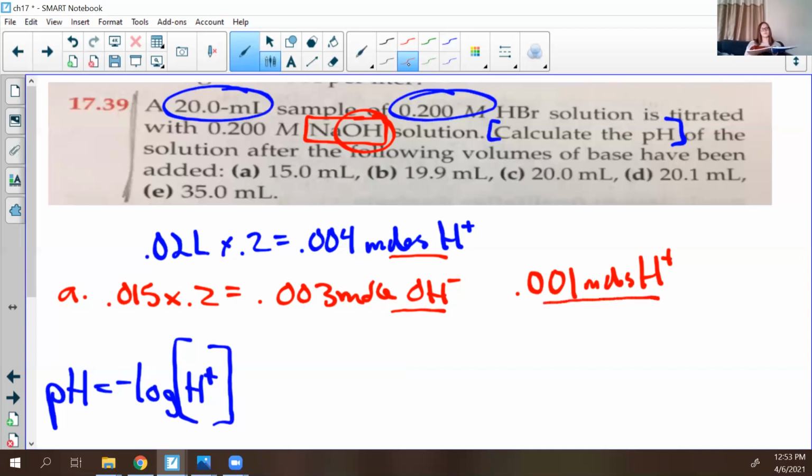So I must divide by the total volume of those two things added together. And what does that give me? 0.035 is the 20 milliliters plus the 15 milliliters.